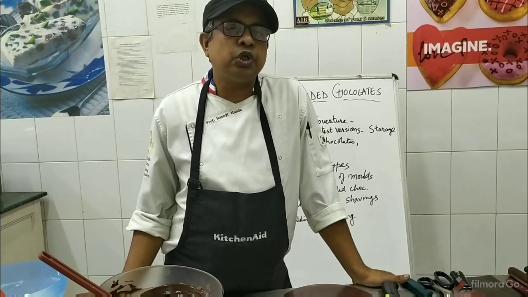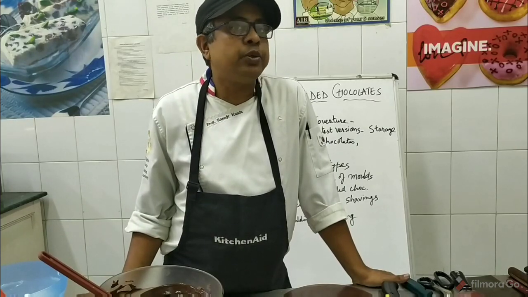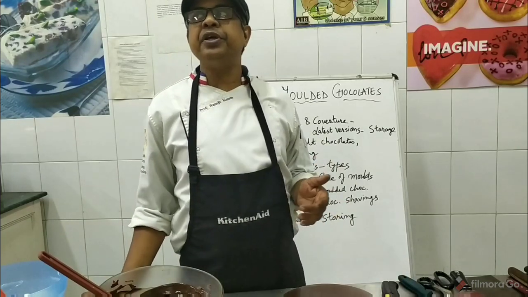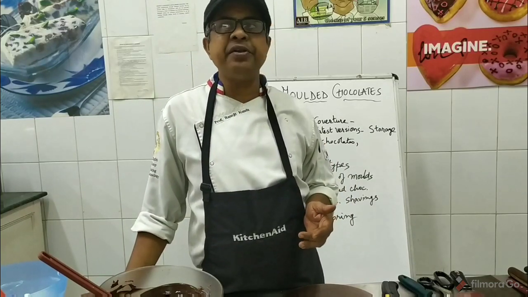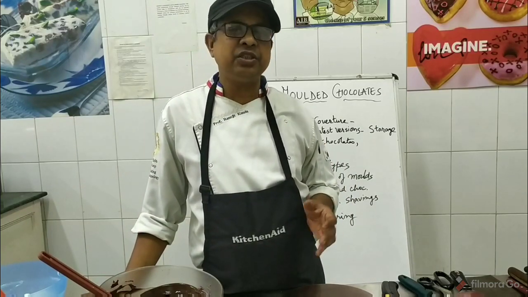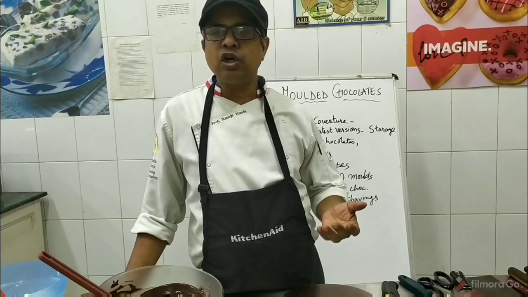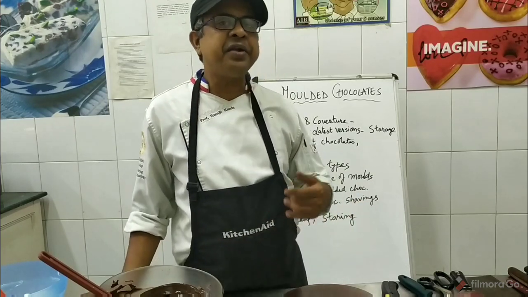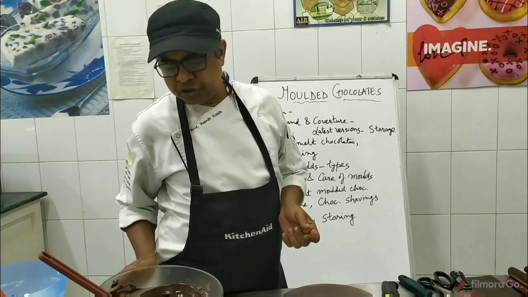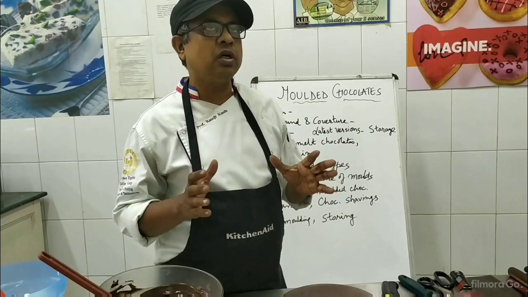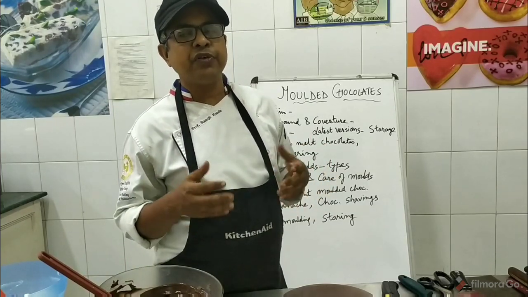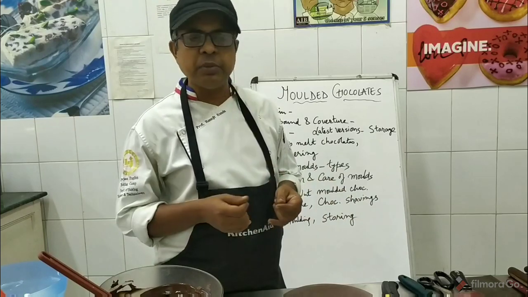They used to have this chocolate as a bitter liquid. But slowly, during the 19th century, the Americans and the English started developing a lot of chocolate items, and they added sugar to it. And then it was an item for the rich class, and then slowly it came down to the middle class.